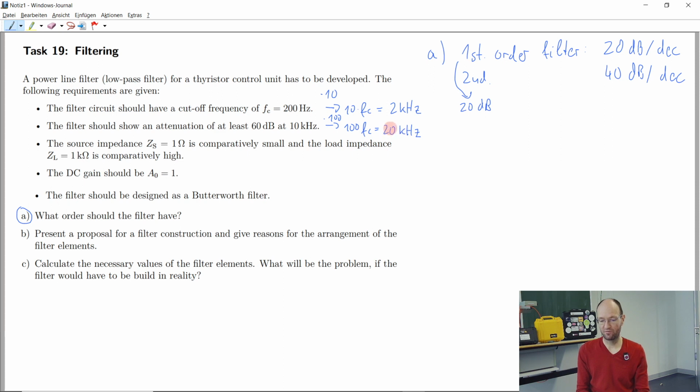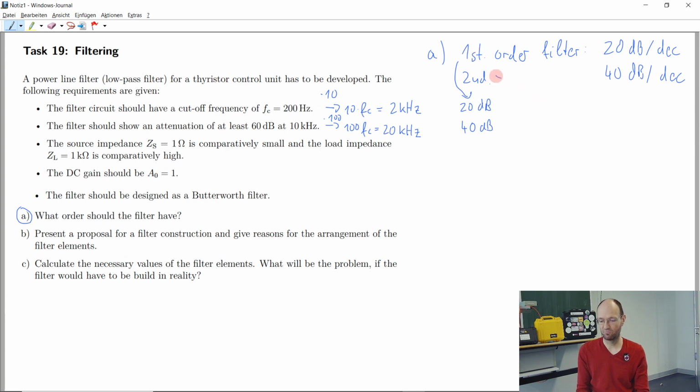If we have 2 frequency decades, this would mean we have 40 dB of attenuation. But at 10 kilohertz, we already want to have 60. So first order filter is probably not sufficient.